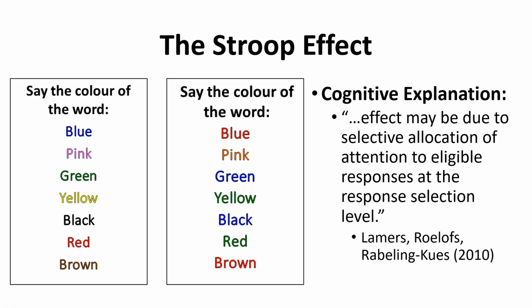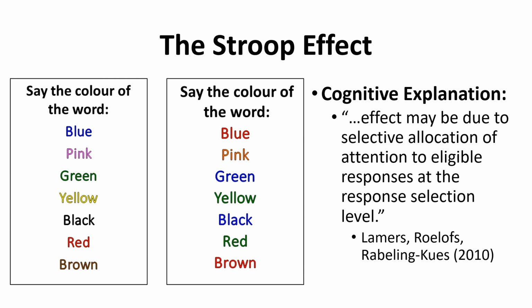Now, the idea of discrimination ties into knowing when to make a response and when not to make a response. And that makes me think of the Stroop Effect. This is basically a demonstration of cognitive interference in what we say and how we say it.